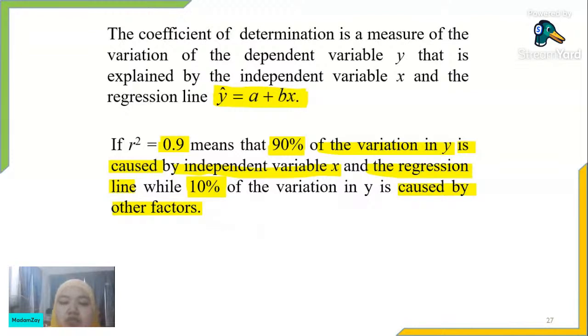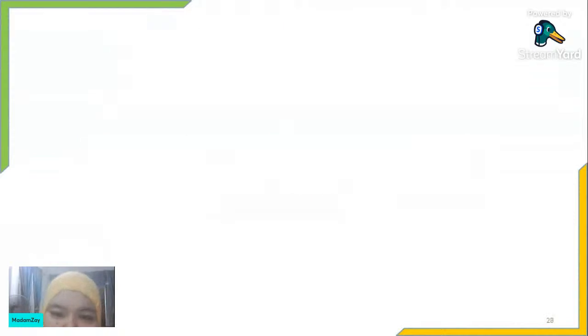So the R squared value is the probability or the percentage that causes the variation in Y. So 90% of the value in Y is caused by X, but the remaining 10% may be due to other reasons. We do not know what the reason is, but we can only say that. So you have to take note, this is the part where you interpret the coefficient of determination.